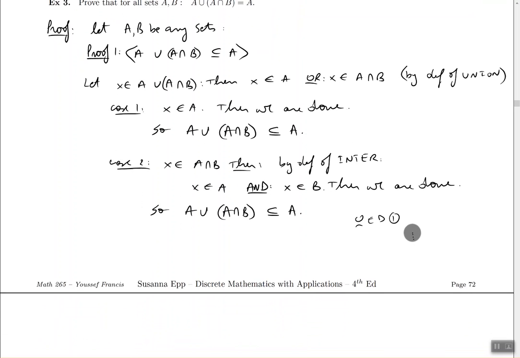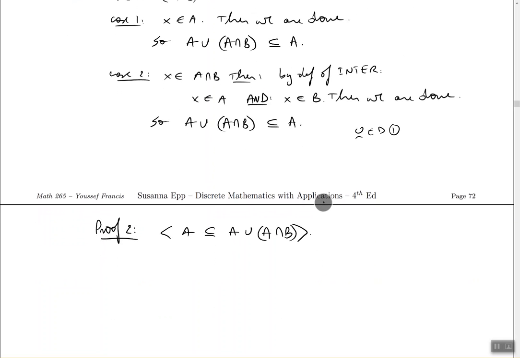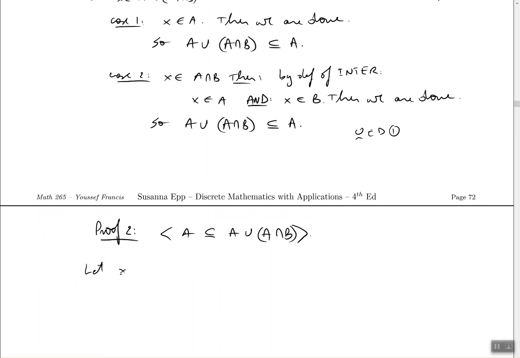Now, we're going to do proof number 2 on another separate page. So proof 2 is here. And what are we doing in proof 2? In proof 2, we want to show that A is a subset of A union (A intersect B). And to do that, I'm going to let X come from A. Like I said, I'm going to pick it in A to convince myself somehow that it's going to be part of the bigger set.